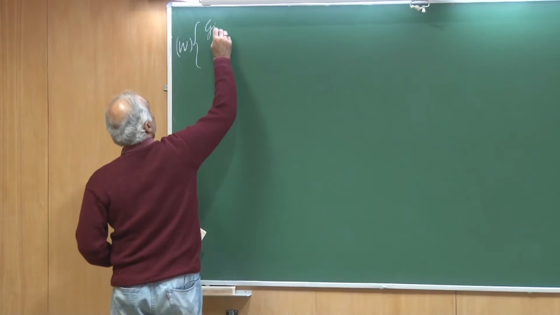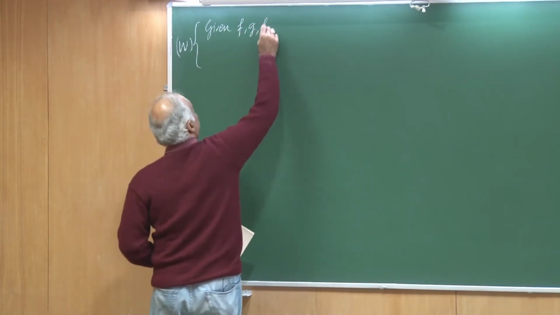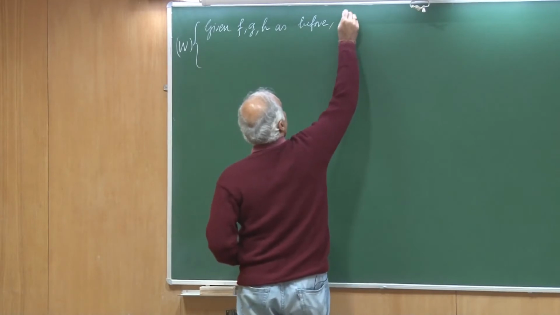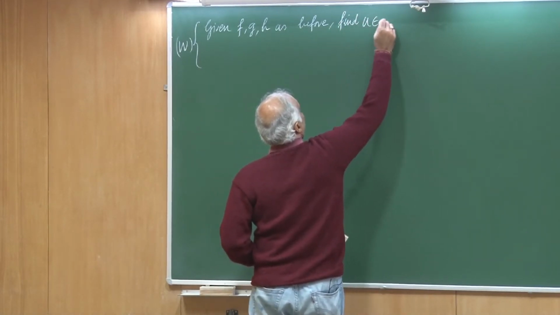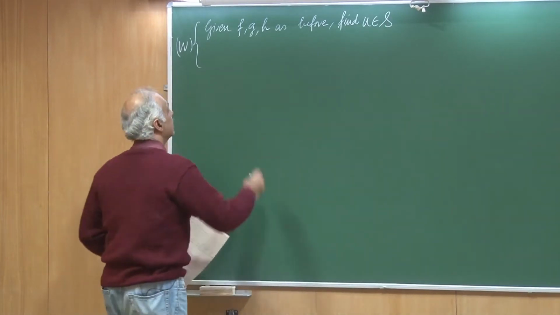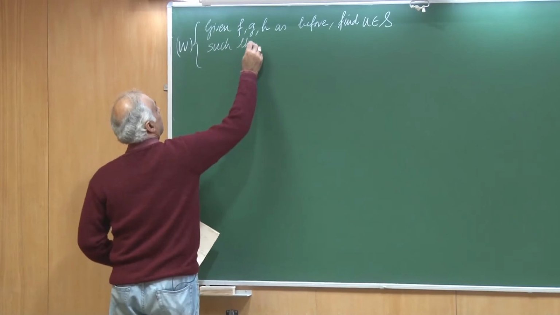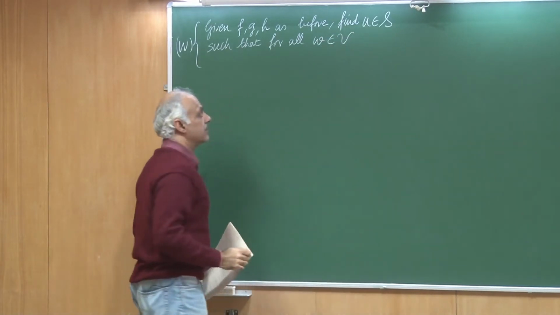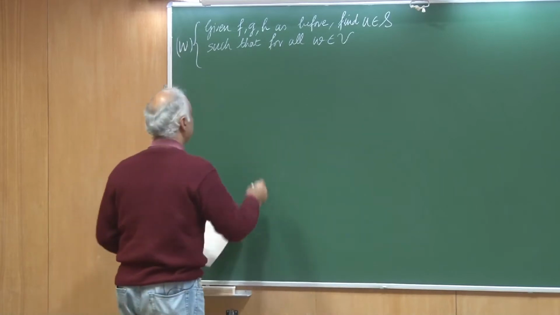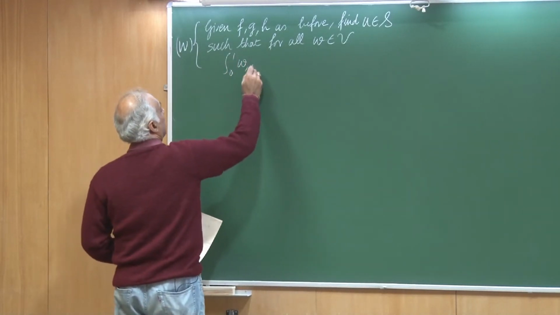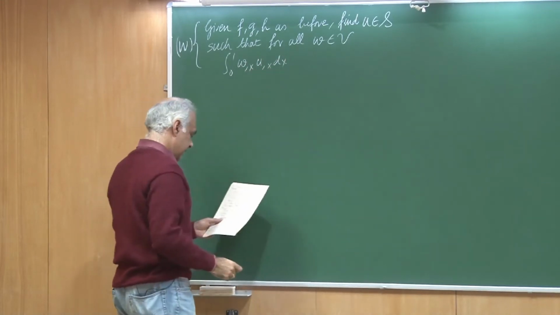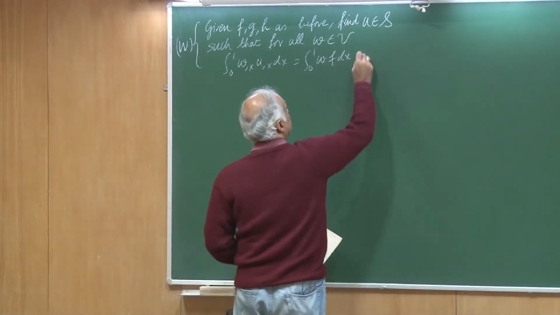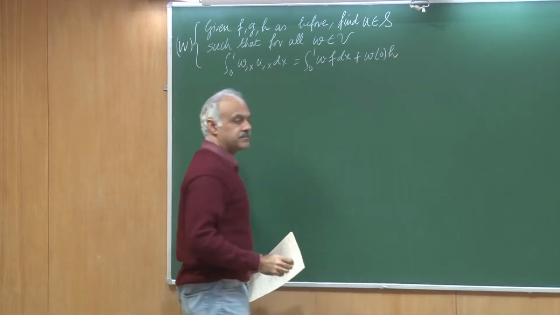Given f, g and h as before, we are supposed to find a u that belongs to the solution space S such that for all w's that belong to V, I must satisfy this condition: the integral from 0 to 1 of w comma x u comma x dx is equal to the integral from 0 to 1 of w f dx plus w times 0 h. This is the weak form.